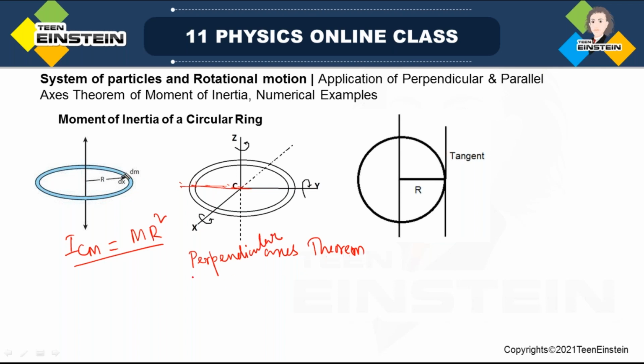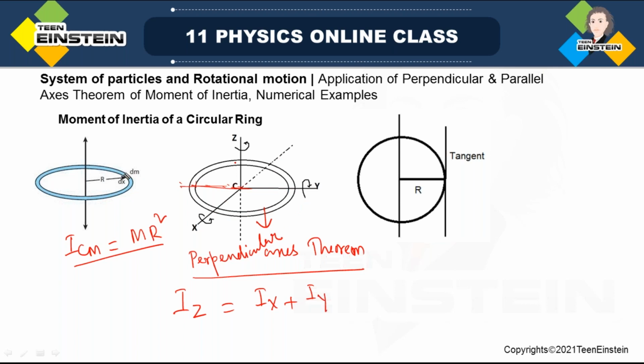Because it is acting as a plane lamina, if I want to calculate the moment of inertia about an axis passing through the center of mass, which I have taken as Iz, it will be the sum of the moments of inertia about any two axes which are mutually perpendicular and lie in the plane of the lamina.